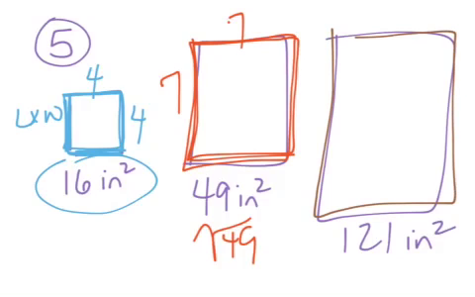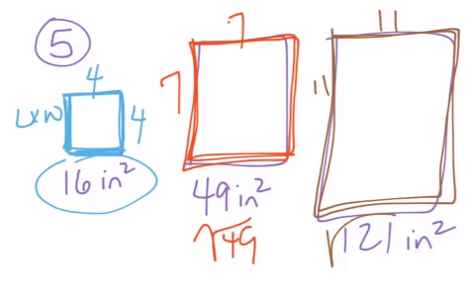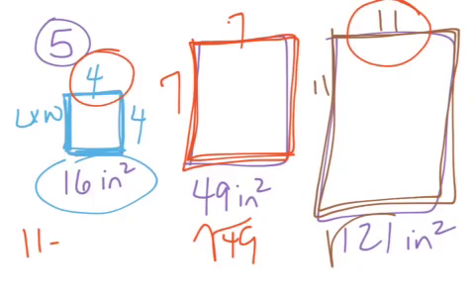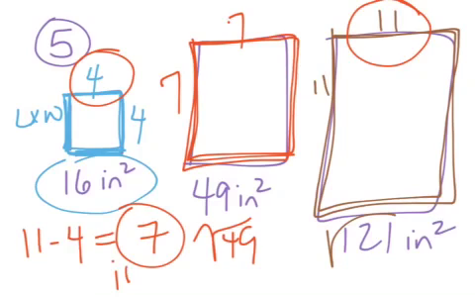Last but not least, I need the square root of 121, which is 11. So the difference in lengths, we're going to take the biggest one, which is 11, minus the smallest one. So 11 minus 4 equals 7. So 7 inches is the difference.